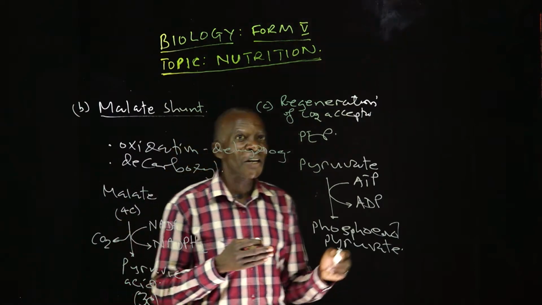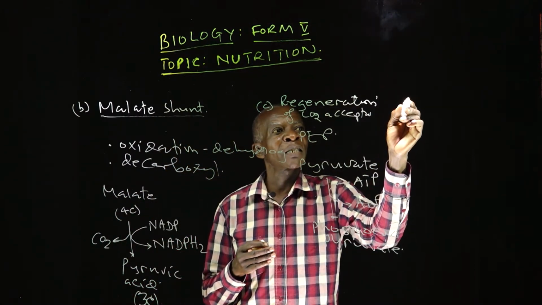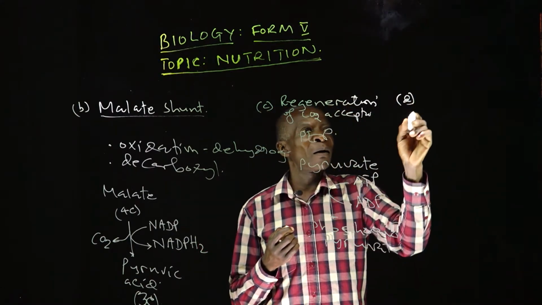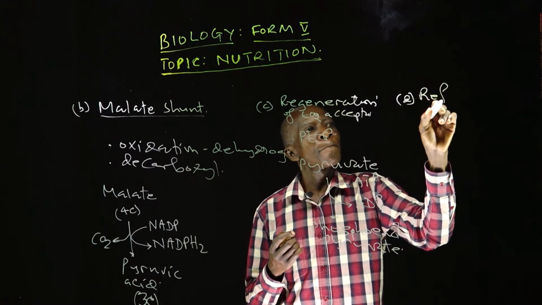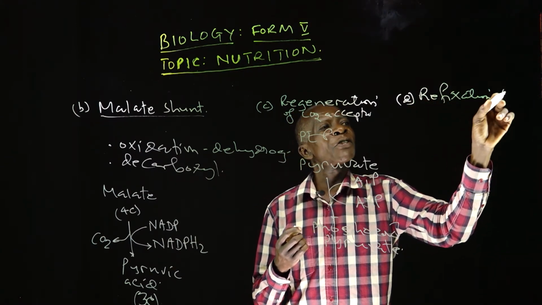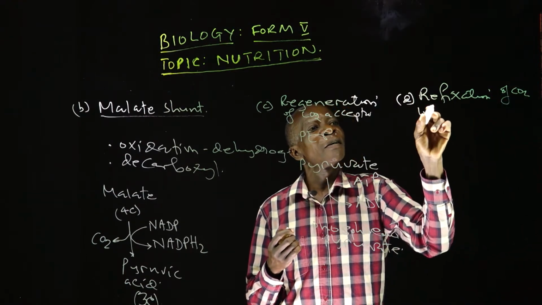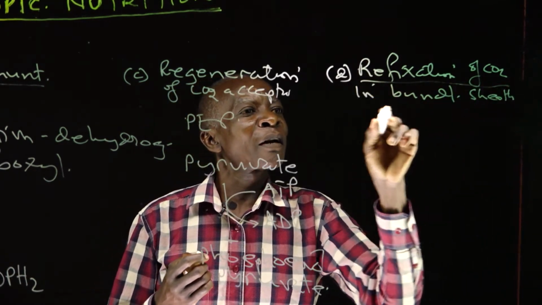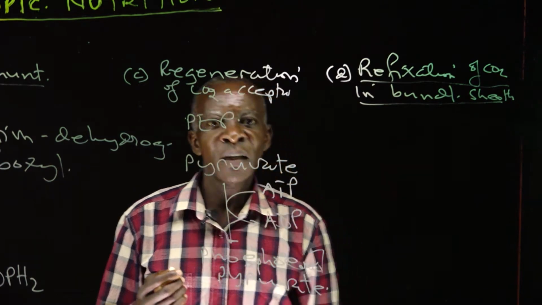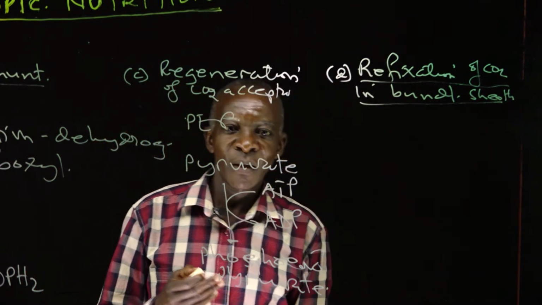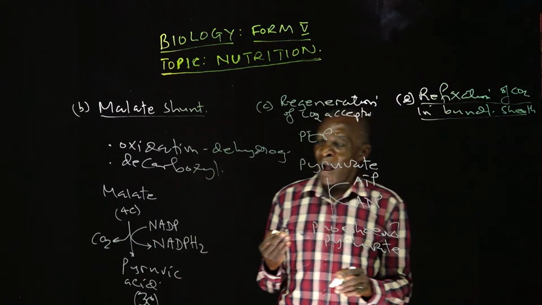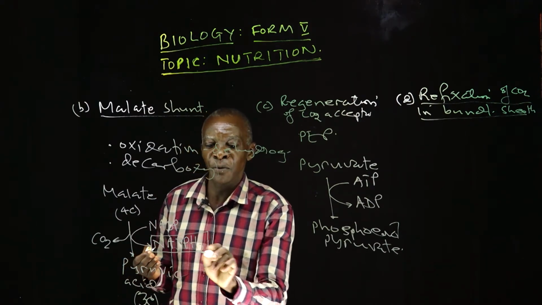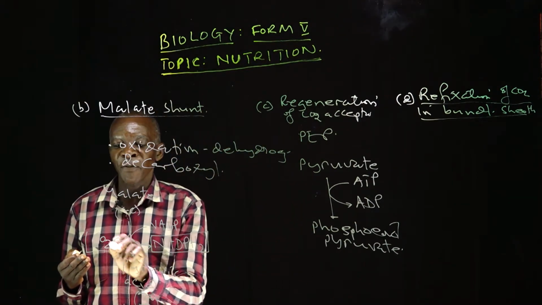After regeneration of the carbon dioxide acceptor, the fourth step is refixation of carbon dioxide in the bundle sheath cells. Here we have generated NADPH2, but again we have carbon dioxide.